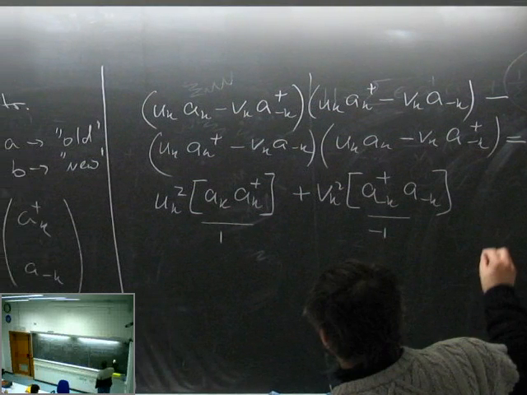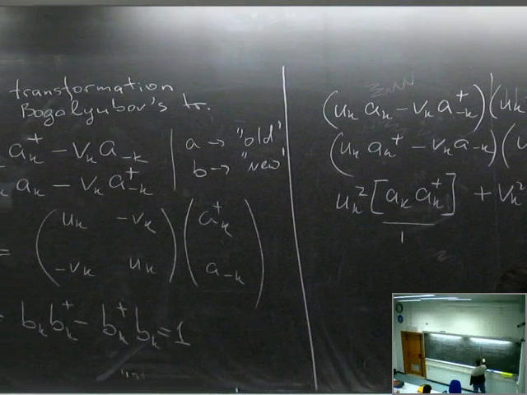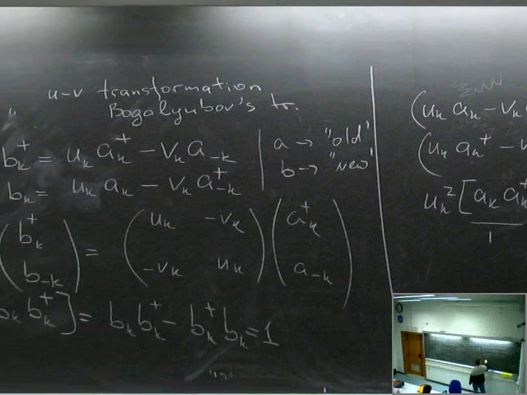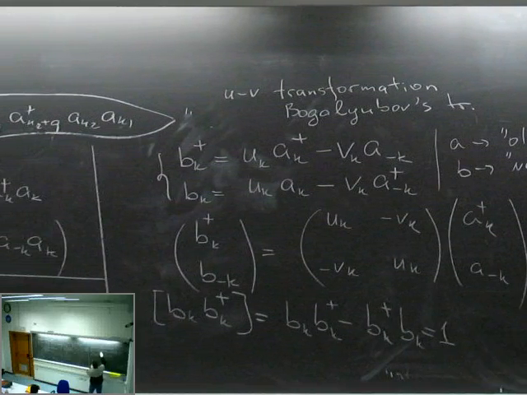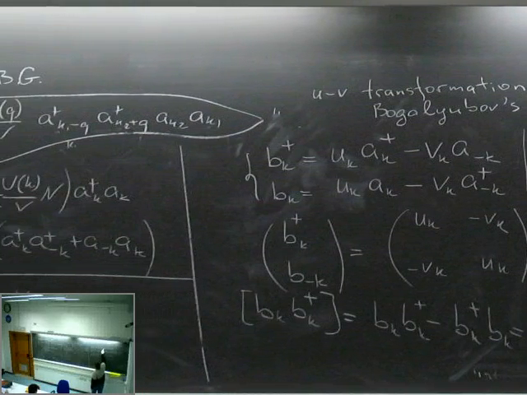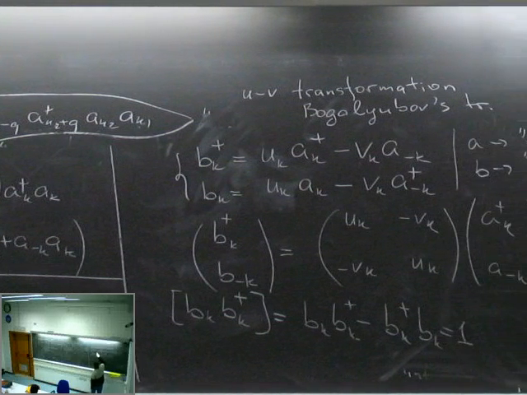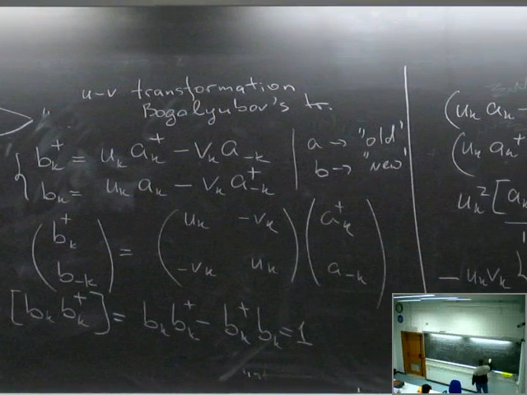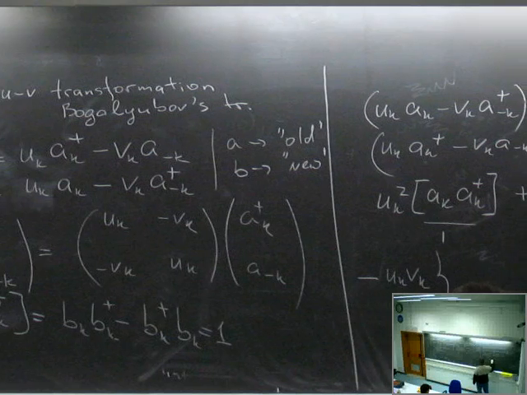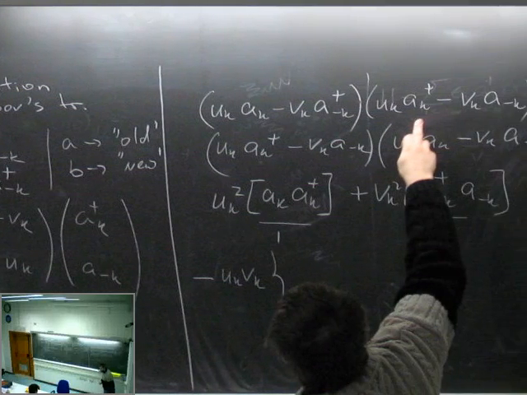So what remains is the cross product. I will write minus U_k V_k, open the bracket, and start collecting terms. Here, it's the commutator of a_k dagger and a_{-k} dagger, which is 0, right?